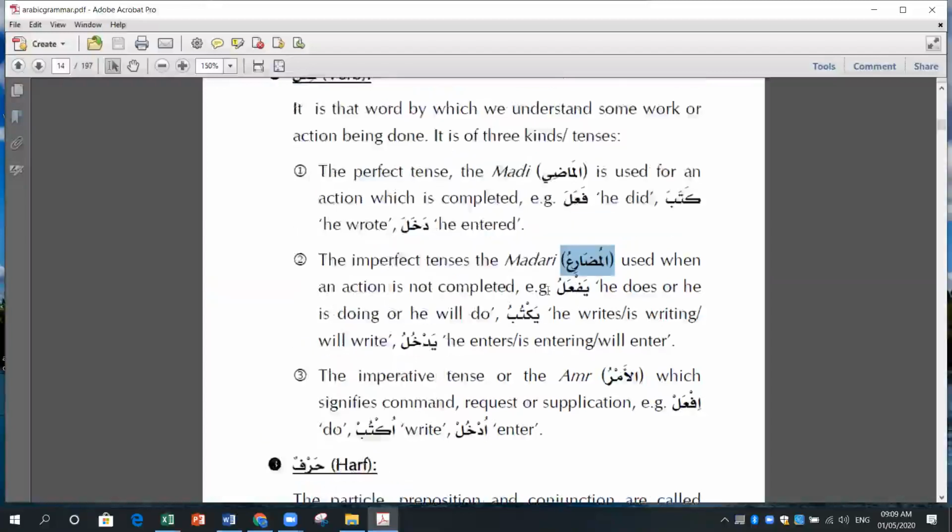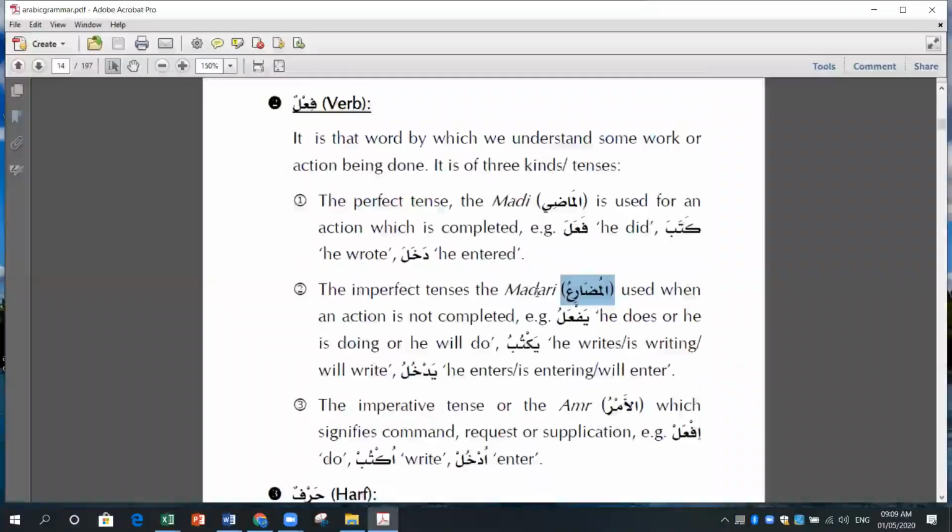For example, yaf'alu. Inshallah, when we discuss verbs in detail, we'll learn how to make yaf'alu from fa'ala. It means he does, or he is doing, or he will do. So present and future both tenses come under al-mudari.